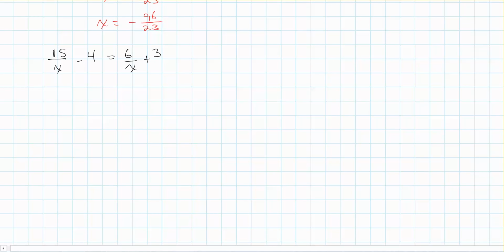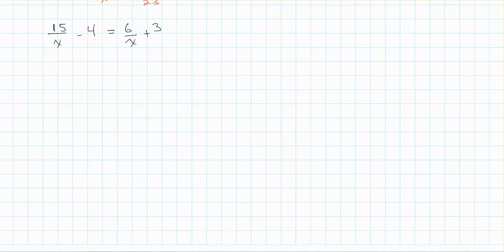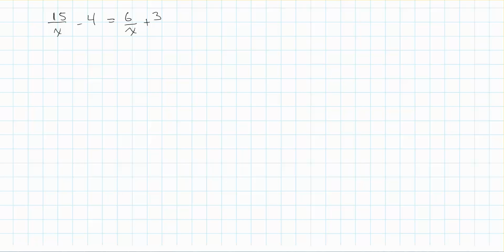Okay, so we're going to look at this equation right now. Now, we're going to solve this one, but we have to look at this. This still has one variable in it, but my variable is in the denominator. So before we do anything here, we want to write down what the solution is not allowed to be, because this is my original equation here, so it's got to work in this equation.